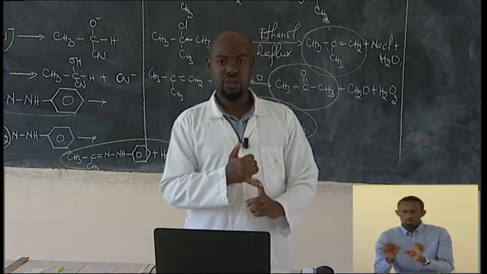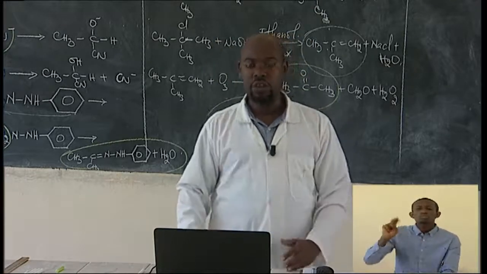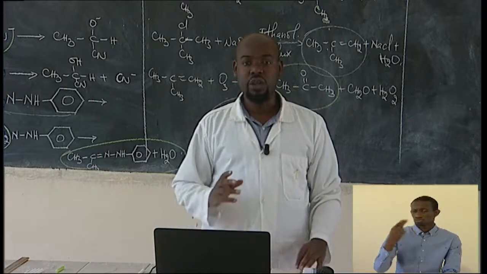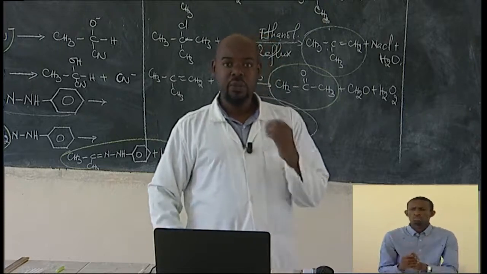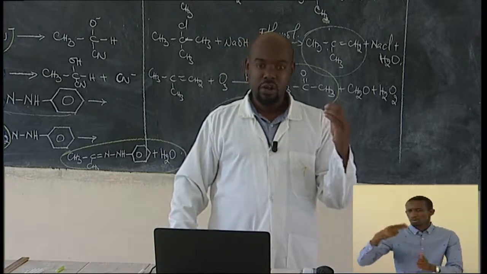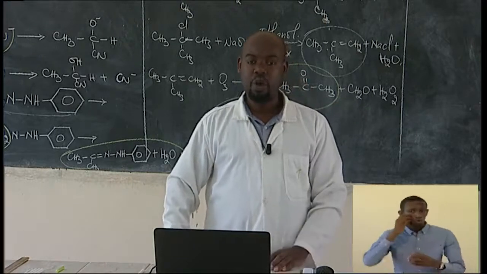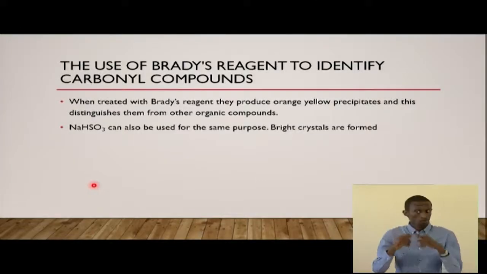When you use Brady's reagent, which is 2,4-dinitrophenylhydrazine, from the condensation reaction, you produce characteristic yellow or orange precipitates when you have a carbonyl compound. But when you use other compounds, you don't get that precipitate. So you can use that reaction to distinguish organic compounds.